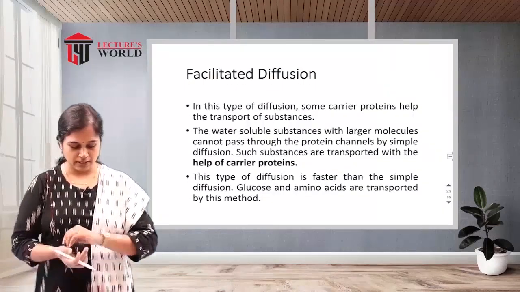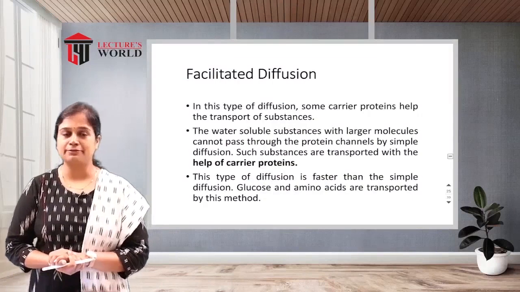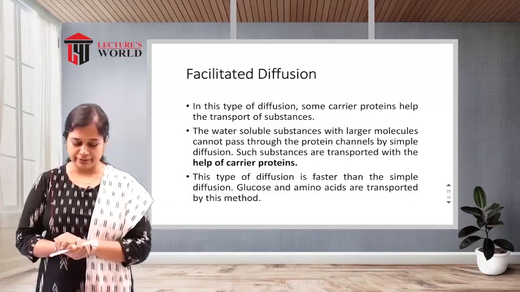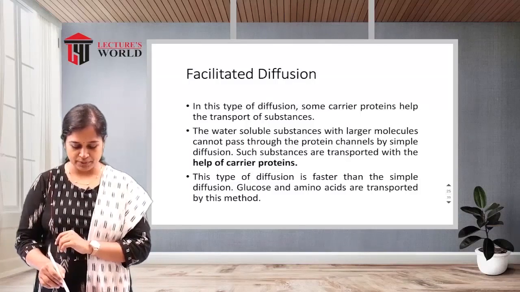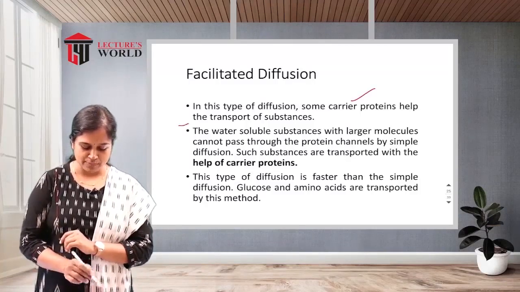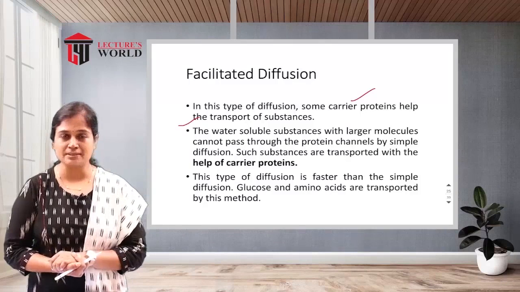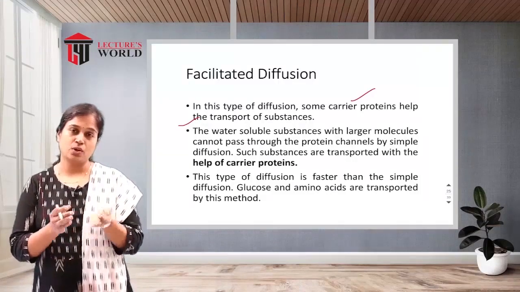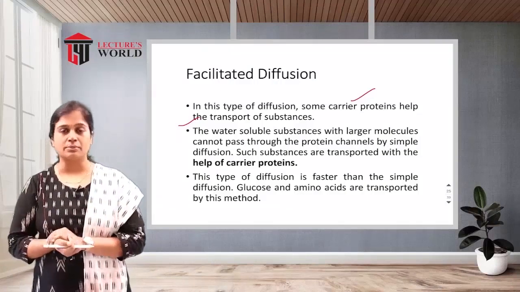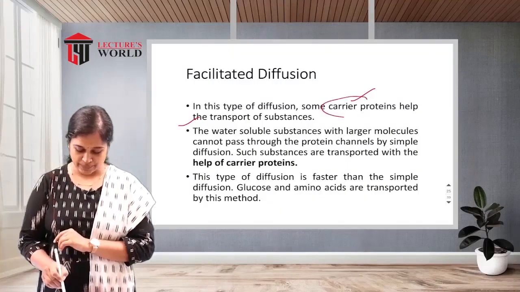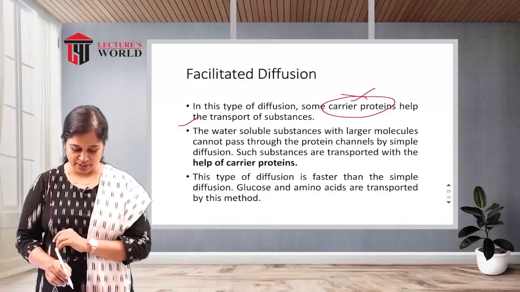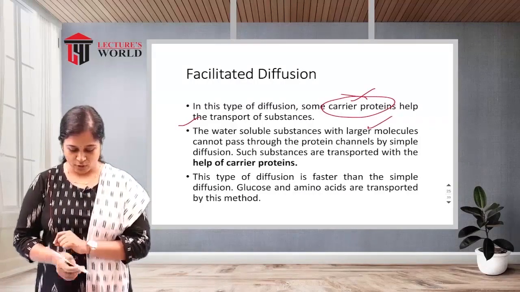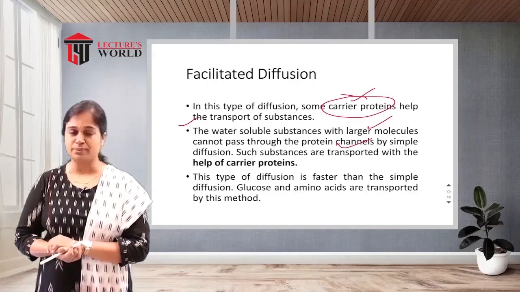Now we will see facilitated diffusion. In this type of diffusion, some carrier proteins help the transport of the substances. The water soluble substances with large molecules cannot pass through the protein channels by simple diffusion.